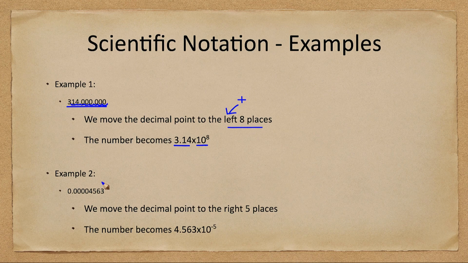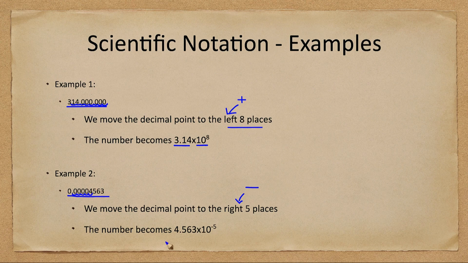Let's look at an example for a small number. Here the small number is 0.04563. And we're going to now have to move the decimal point here 1, 2, 3, 4, 5 places to the right. Now this time we've moved it to the right. That means that the exponent is going to be negative.